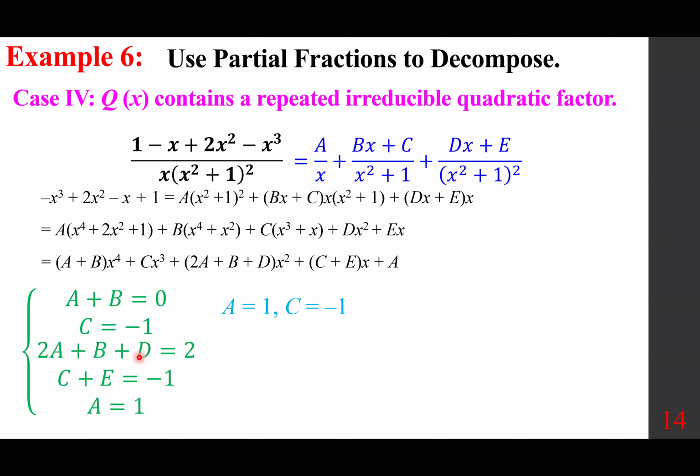So you have a and b, and you can find d. And by the way, c plus e is -1. C is -1, makes e 0, right? Put it here, 2a, 2 times 1 is 2, plus b, -1. 2 and -1 becomes 1, subtracted from 2, and d becomes 1.